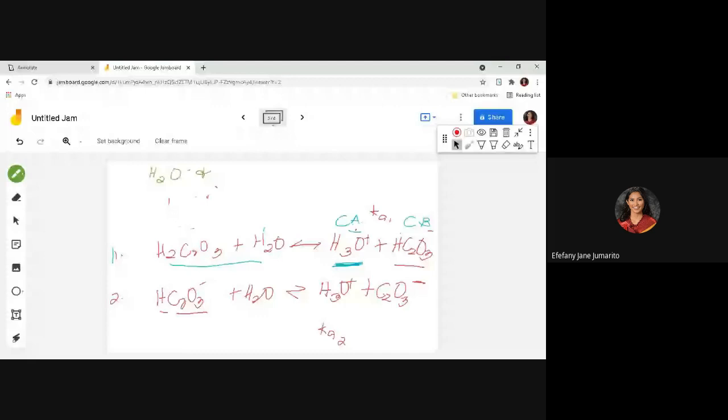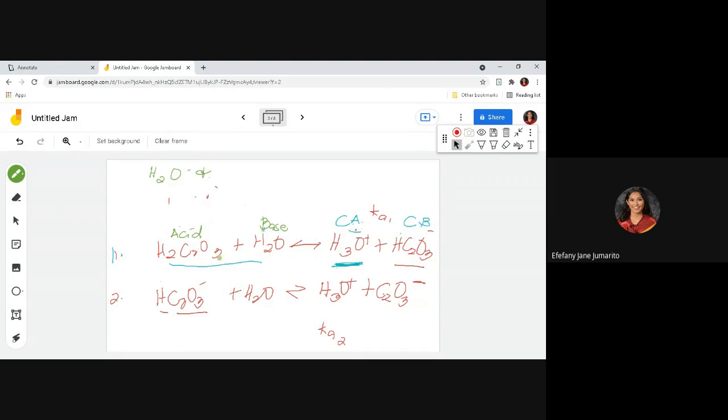When we have the conjugate acid base pair, if we have H2C2O3, that's the acid. Okay, determine sa na to ha. Acid, and then we have also the conjugate acid here, then will be the base.